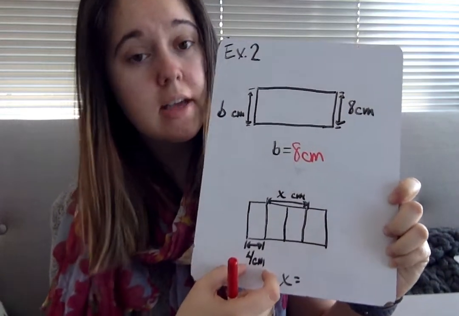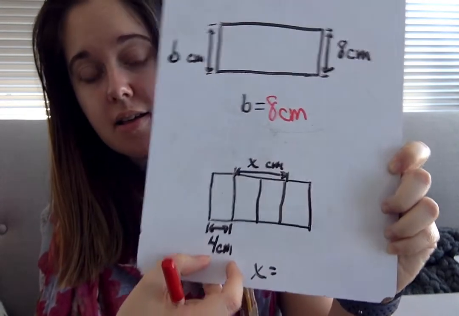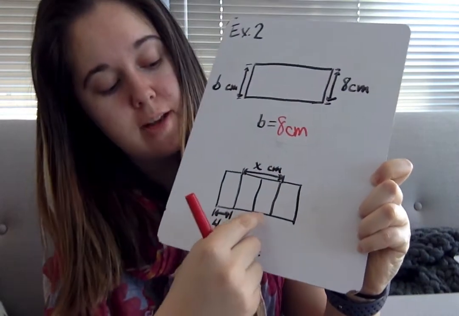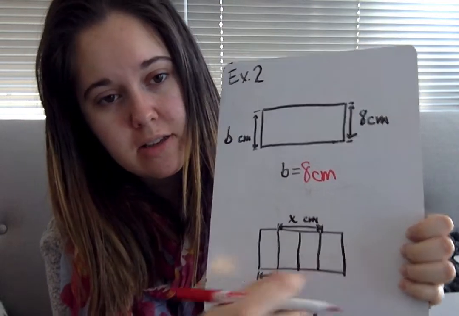Each part is 4 centimeters. Do you see that? So 4 centimeters, 4 centimeters, 4 centimeters, 4 centimeters. So in that X section, X covers 2 parts. So X has to be 8 centimeters.